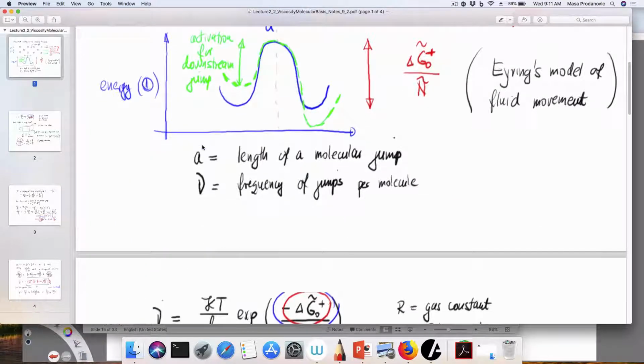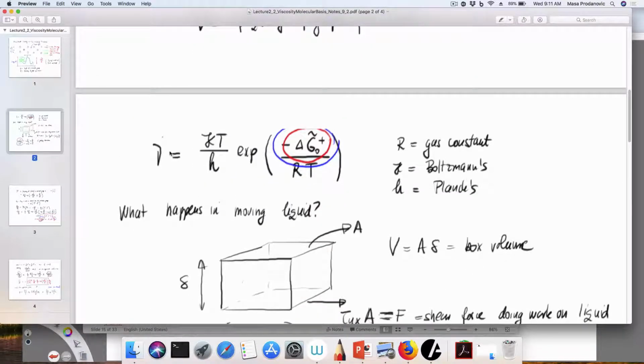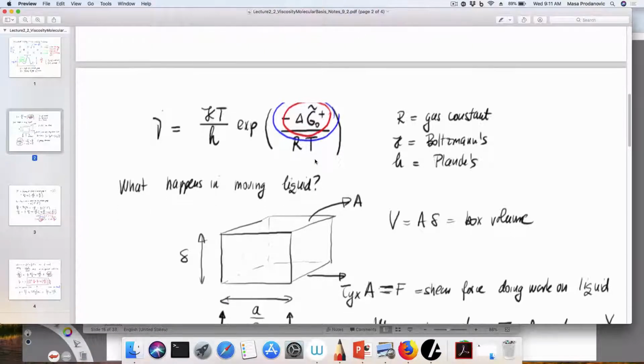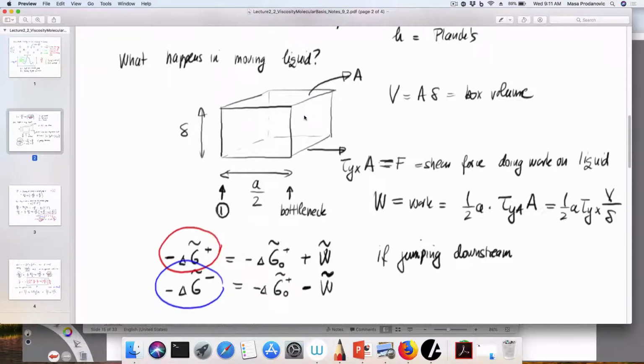So what we related here is this frequency of jumps, that's the number of jumps per second on average. Again, I have to look at things statistically in this world, because it's molecules bouncing in all directions. That's related to the temperature. There's T here, there's an exponential here, and there's this energy of activation playing the role here.